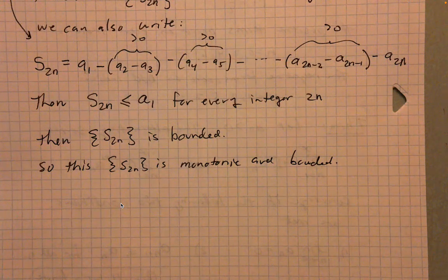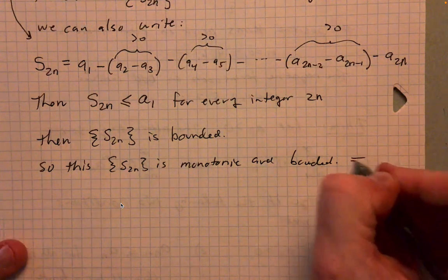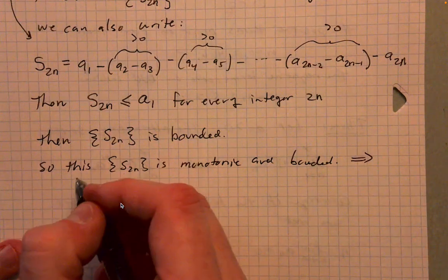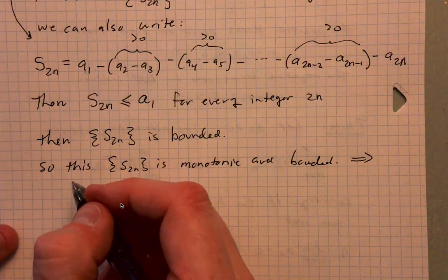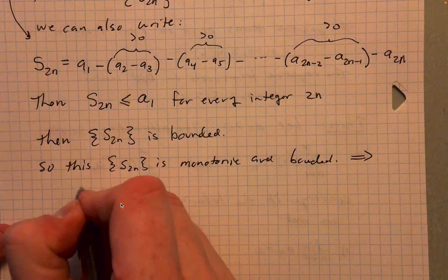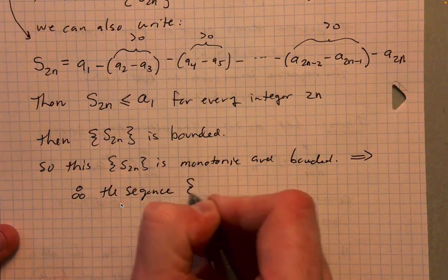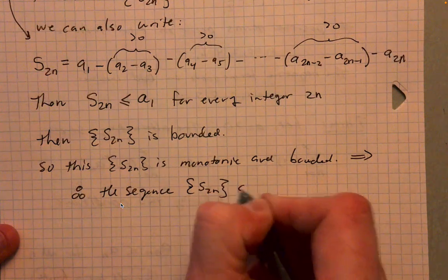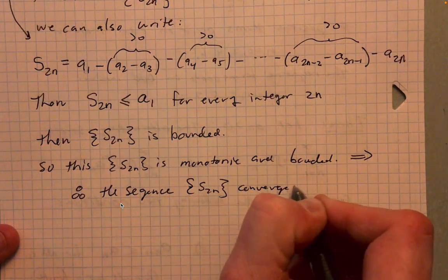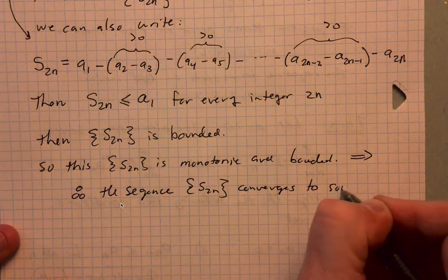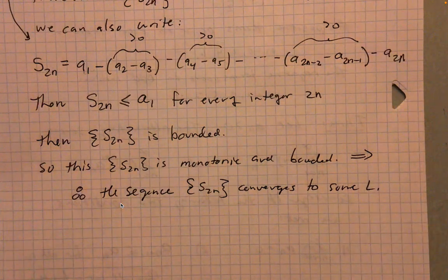So it's monotonic and bounded, and that's going to imply that the sequence is going to converge. So therefore, the sequence converges to some L, some finite value L.